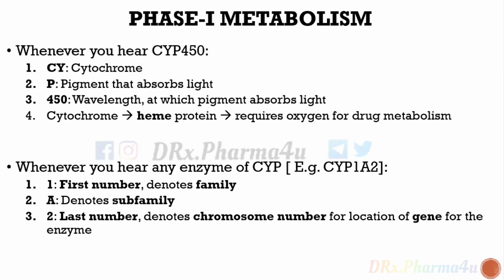For anybody related to the medicine field, when they read a particular enzyme, what should they understand from it? So I have disintegrated it here. Whenever you hear cytochrome P450, because this is very common, CY means cytochrome, P means the pigment that absorbs light, and 450 is the wavelength at which the particular pigment absorbs light.